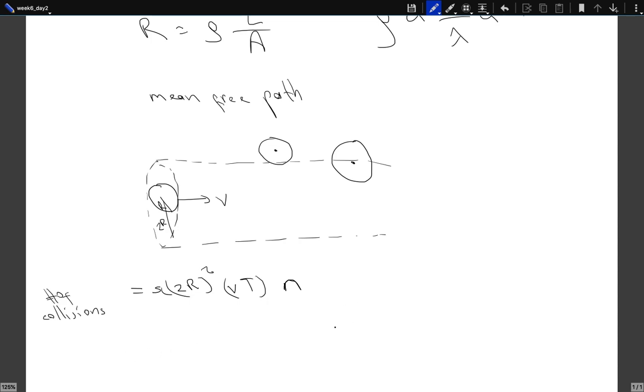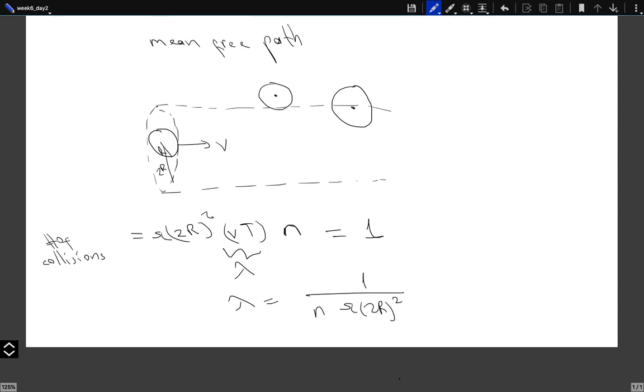Now, the mean free path corresponds to the case when this is equal to 1, just one collision on average. So this is our mean free path: lambda is 1 over n times pi times 2r squared. On one hand, yes, n becomes larger.